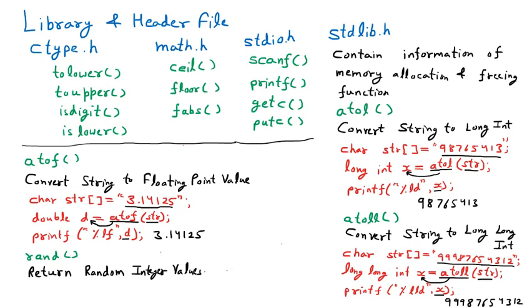I'm taking one example to make you understand how this random function works. Let us suppose that we are taking a for loop. You are saying for i is equal to 0, i less than 5, i plus plus. Basically I am taking a loop so that I can call the random function 5 times.